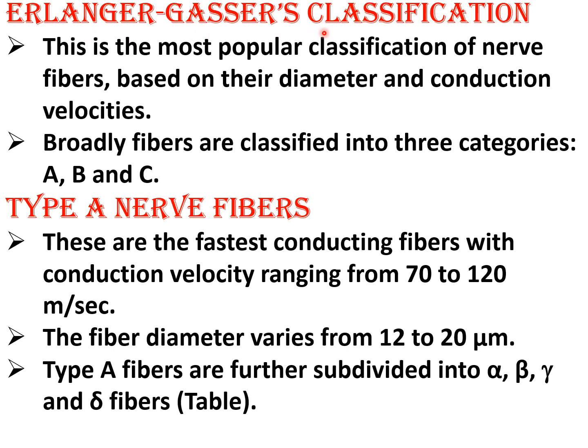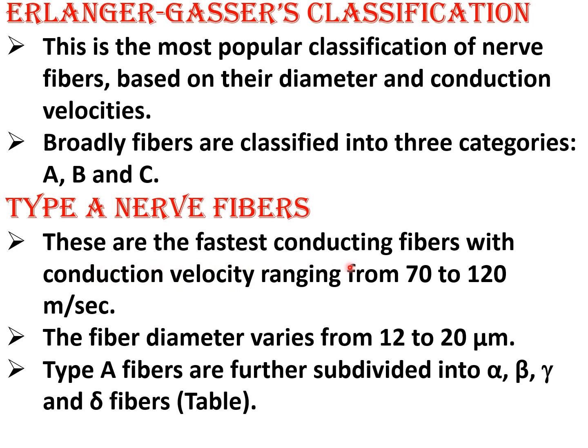Then Erlanger-Gasser's classification. This is the most popular classification of the nerve fiber based on their diameter and conduction velocities. Broadly, the fibers are classified into three categories, A, B and C. First of all, about the type A nerve fibers.